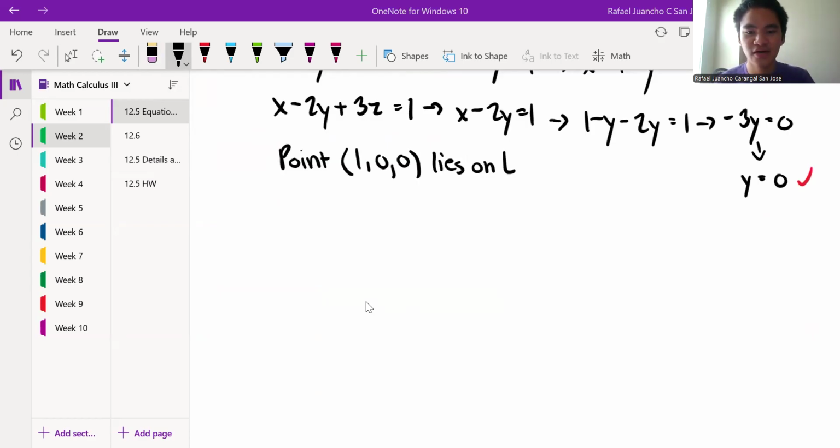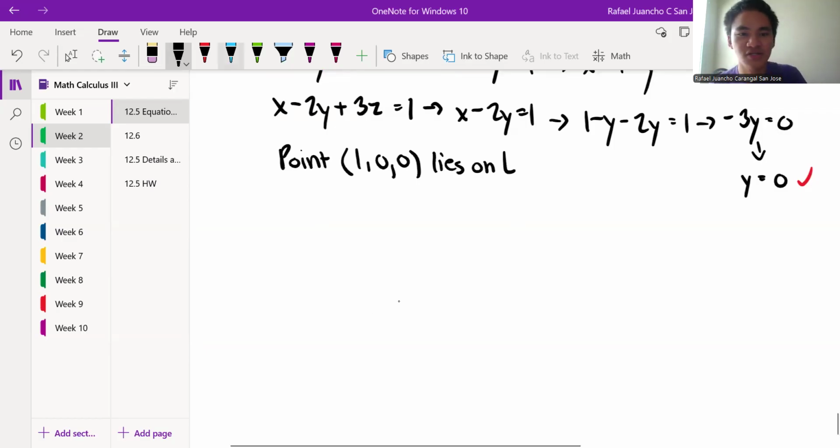Okay, now after observing that, since L lies on both planes, it is perpendicular to both of the normal vectors. The line L is perpendicular to both of the normal vectors. How does that look?